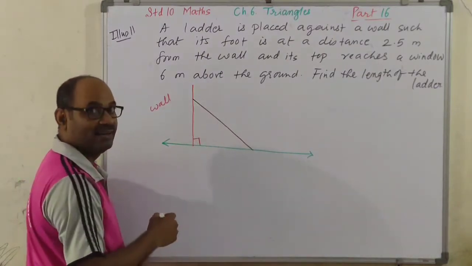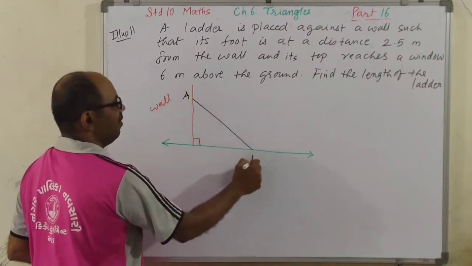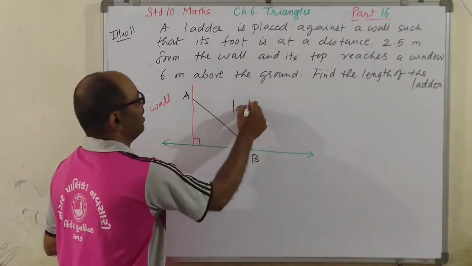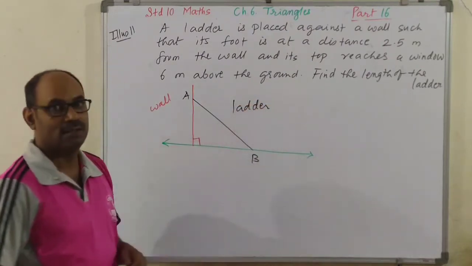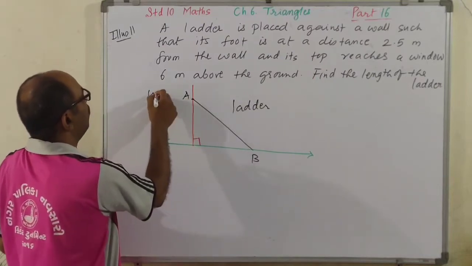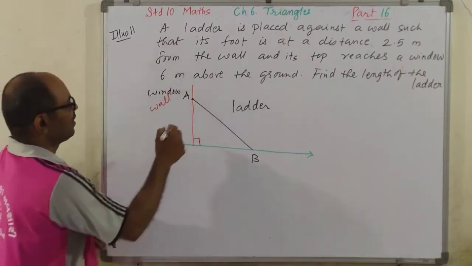This is the ladder, AB, the black segment represents the ladder. A point represents the window on the wall, which is 6 meter.